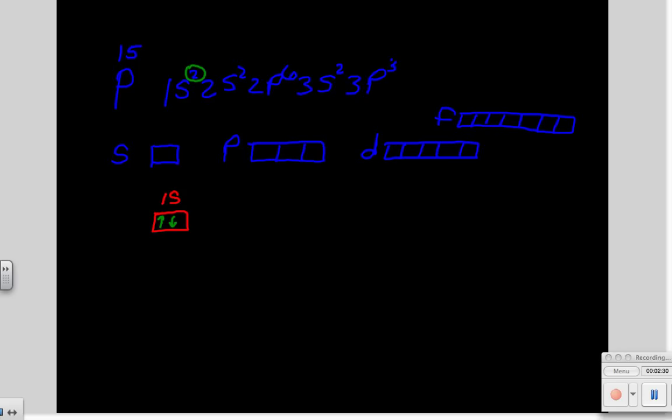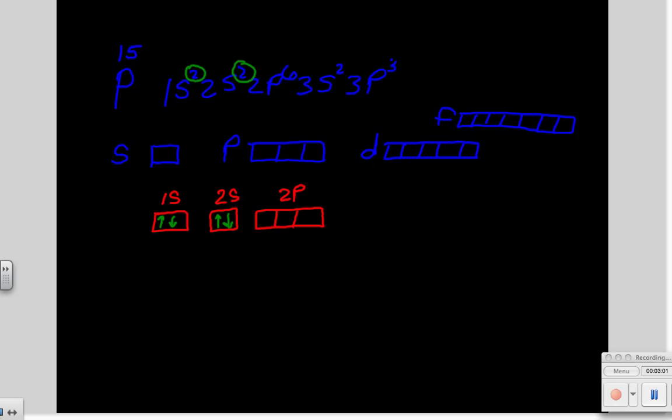Then I go to the 2s, and it's a single box because that's what s is. It has 2 electrons in it, 1 up, 1 down. The next thing I come to is the 2p. P's have 3 orbitals, that's the x, y, z orientation. So it looks like this.